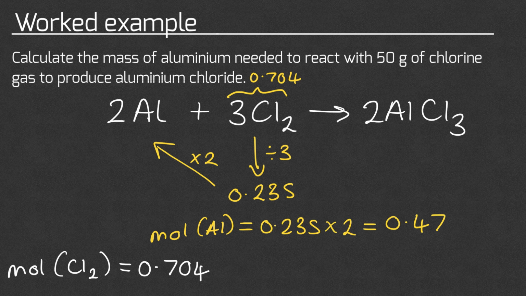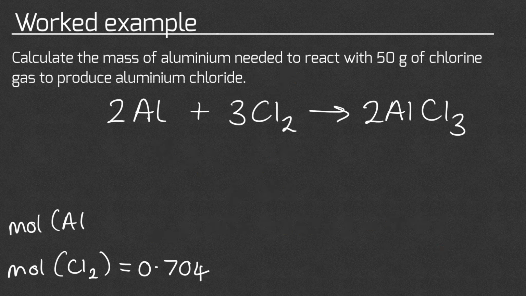Meaning that in total we're going to have 0.47 moles of aluminium, because we know 1 lot equals 0.235, so 2 lots, the amount of aluminium, must equal 0.47. Now we've got the moles of aluminium, we need to work out what the mass is.